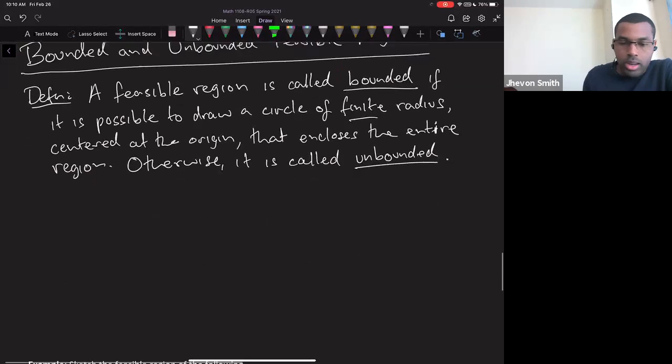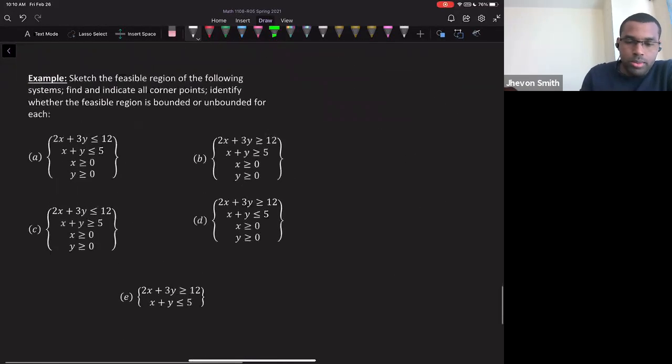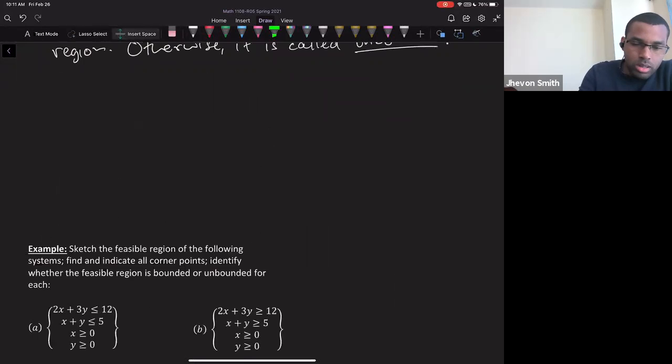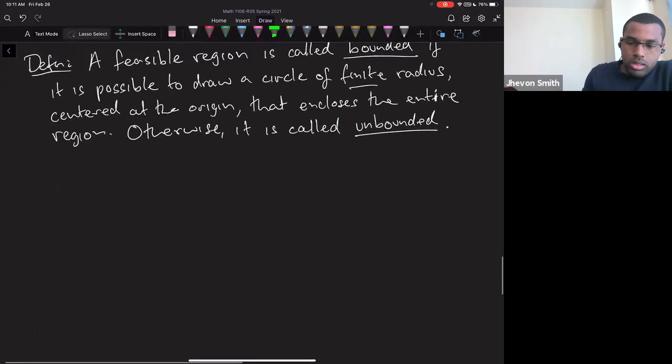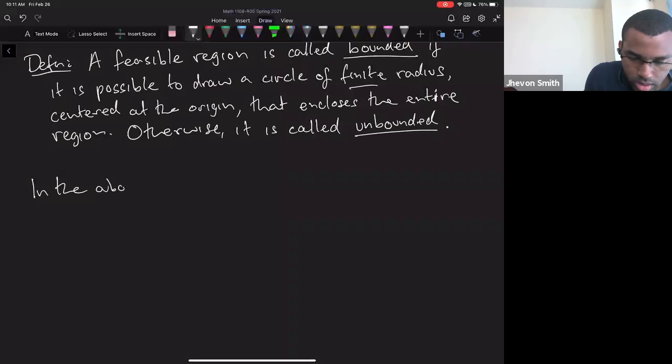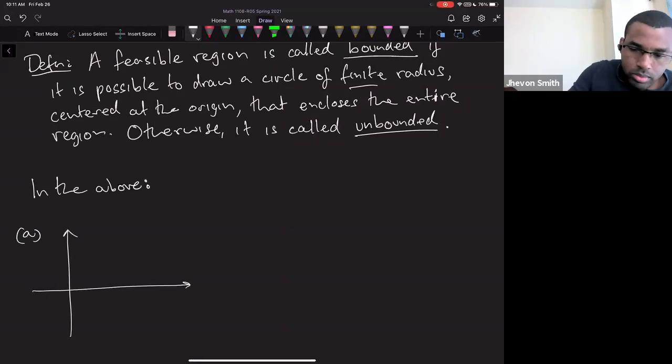So that brings up what we had in the examples above. So you'll notice here in the above, for example A, we had something that looks like this. Feasible region was inside here, right?